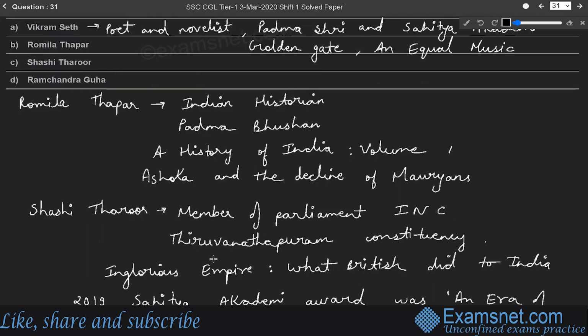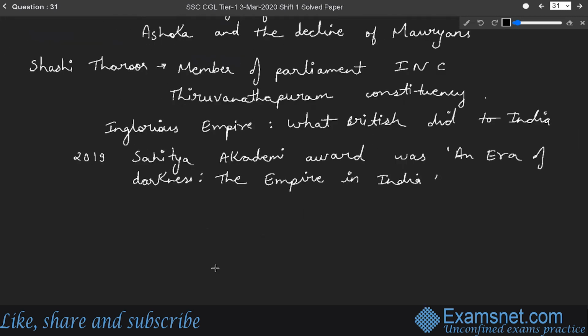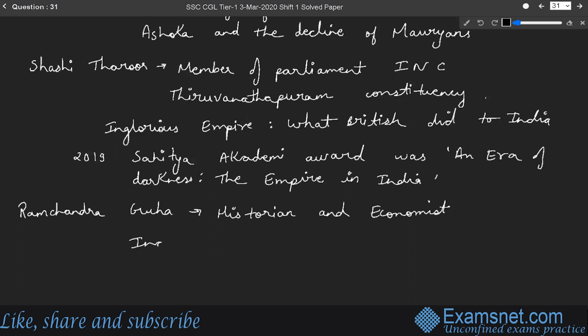Now, let us talk about the last option, which is Ramchandra Guha. So Ramchandra Guha is also a historian and economist. He wrote many books. Some of them are India After Gandhi and Gandhi Before India.